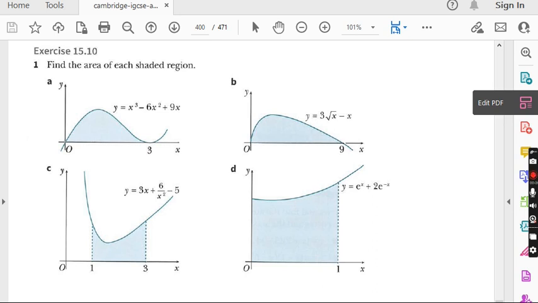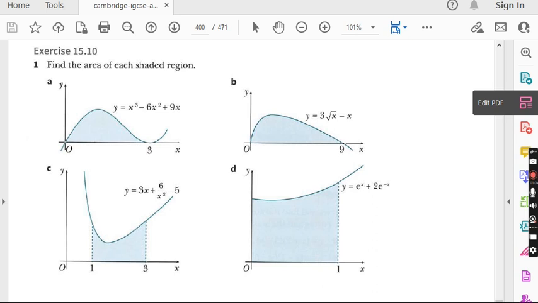Students, in the last lecture we did question number 1 and question number 2 from exercise 15.10, and the topic is to find the area of the given shaded region with the help of integration. I tried question number 3 in that lecture but I failed because I forgot the concept of the shaded region which is below the x-axis.